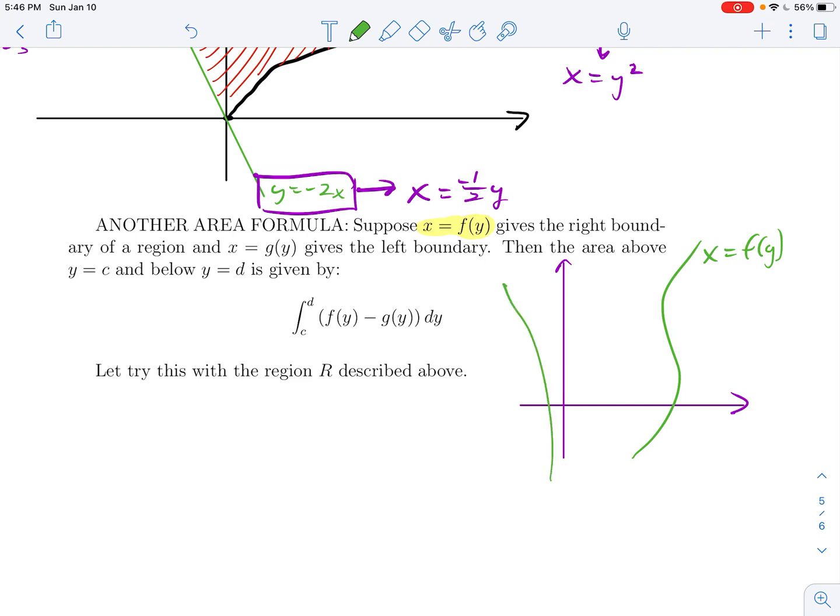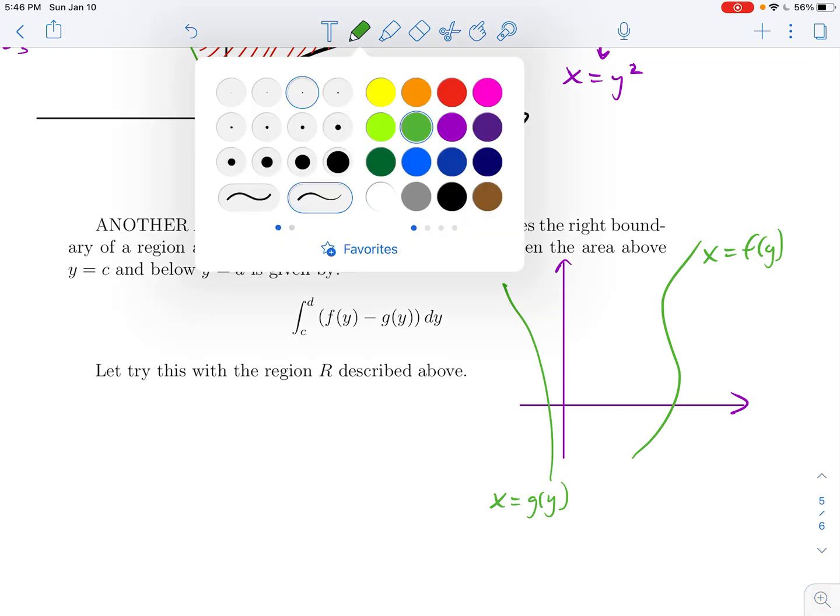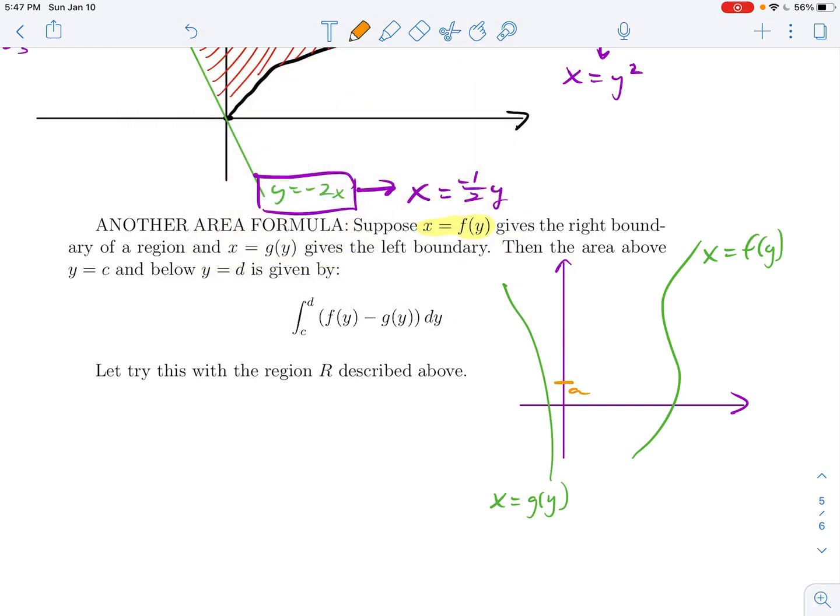And maybe here, I have x equals g of y gives me the left. And what if I want to know the area above y equals c, which is this horizontal line, and below y equals d, which is this horizontal line?